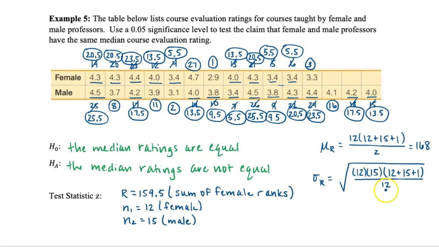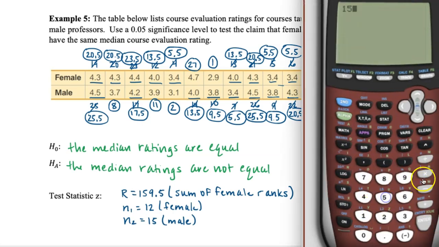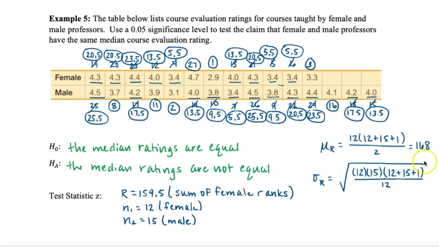And calculating this, these 12s are going to cancel, and so this is going to be 15 times 28. But since this isn't actually my final answer, this is just an intermediate step, I really don't want to round. So I'm just going to find 15 times 28. 15 times 28 is 420. And since 420 is not a perfect square, I want to leave this as the square root of 420.